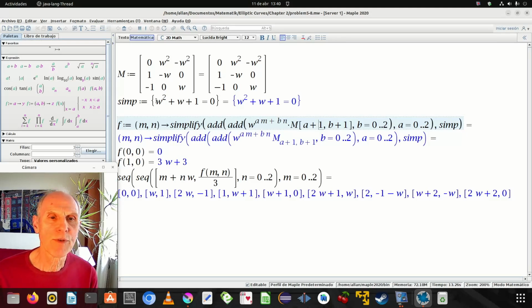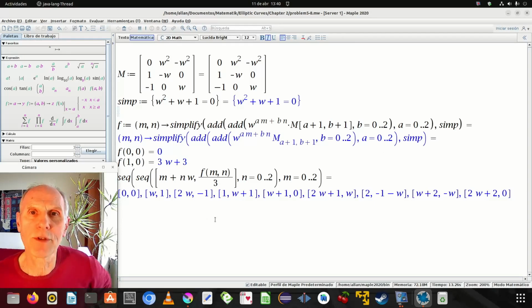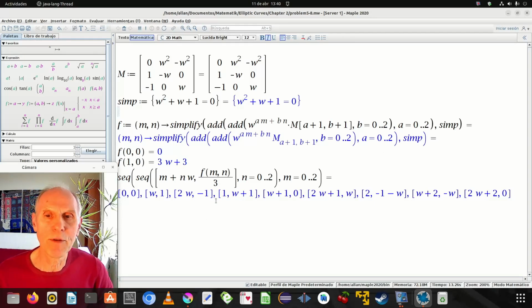And then we simplify with the equation omega fulfills. And the first time I wrote it, I realized that those not giving 0 were a multiple of 3, so I just divided by 3. And then this is what I get, and it's much safer than doing it by hand. It may be wrong, of course.